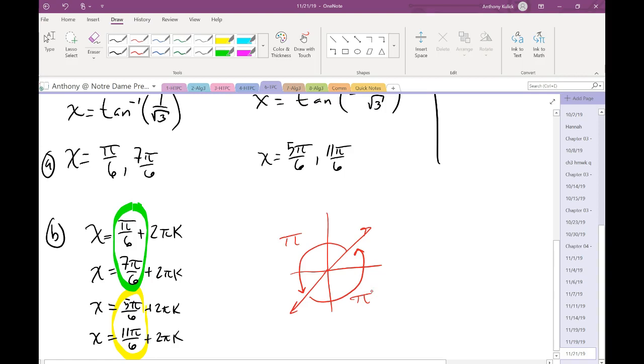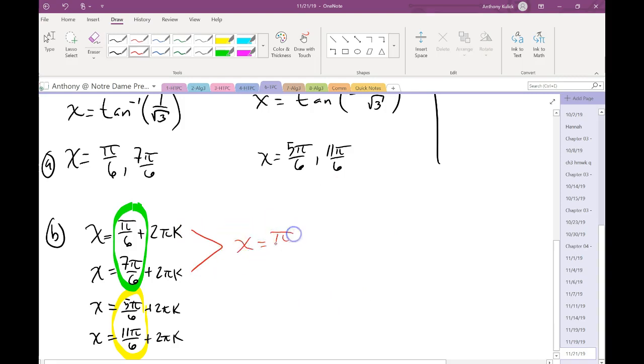Because these two answers are pi units apart, I can condense this down into one infinite solution. So instead of saying I get this answer every 2 pi units and then this answer every 2 pi units, I can just get one of the two answers every pi units.